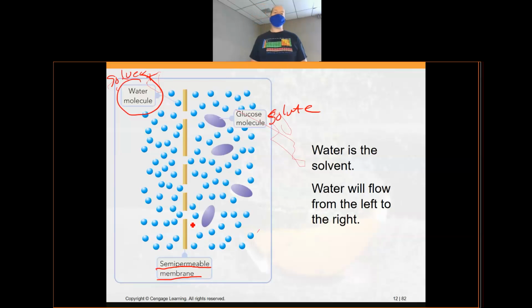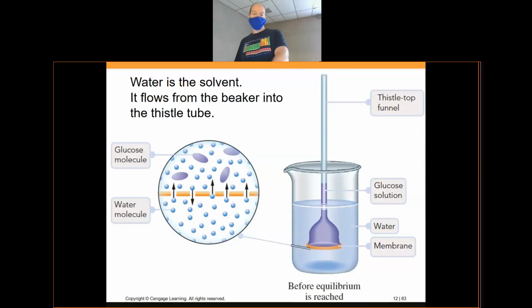So only the solvent is allowed to go through, and the solute is not allowed to go through a semi-permeable membrane. And so we're going to do osmosis, and the osmosis is going to go until you have the concentration on both sides be the same.